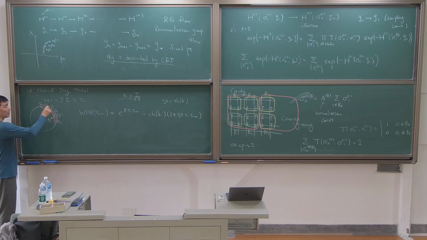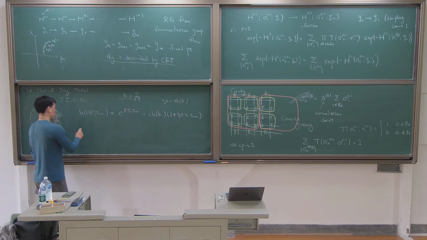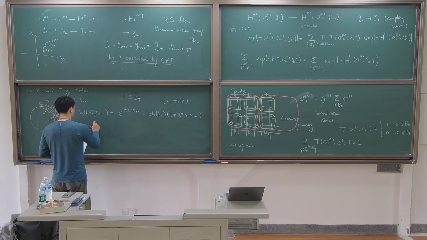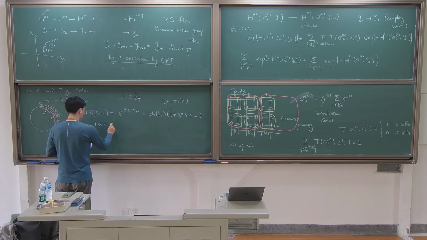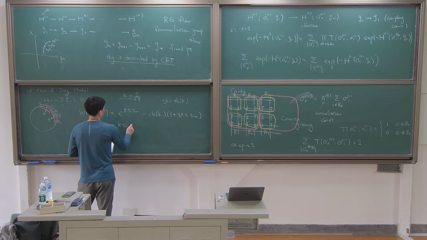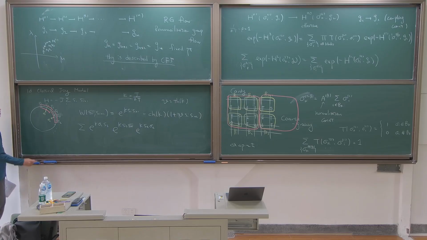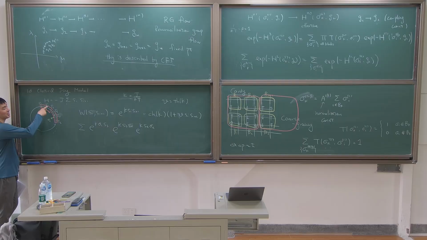So the Boltzmann weight of K is for a local configuration: sigma 1 is S2 actually, then S3, S4, and then sigma 2, which is S5.